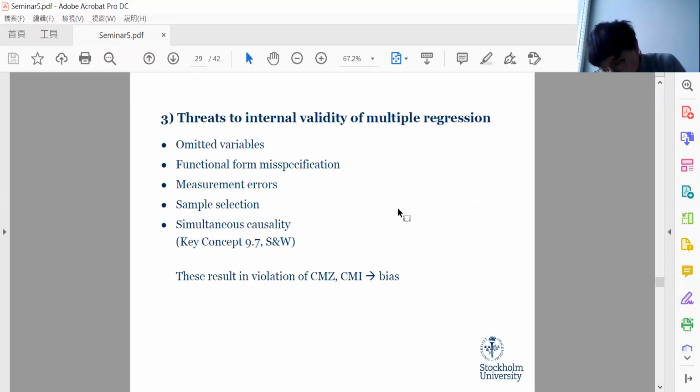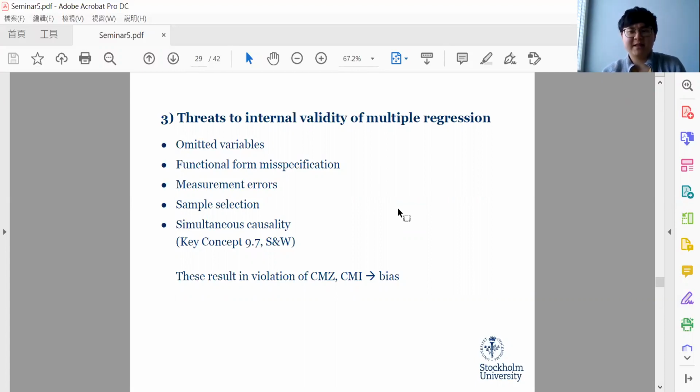And then the fifth one is a more interesting one. It's called simultaneous causality. So you need to keep in mind if your research topic has this kind of problem.